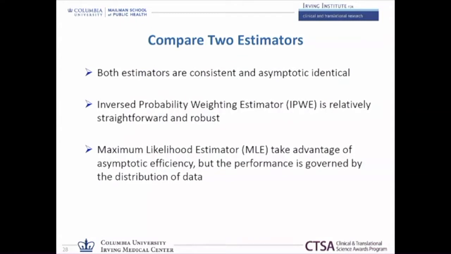So we have done a lot of study in this area and gained a lot of experience from simulation studies. For a SMART design with moderate sample size, when the primary outcome is a continuous variable or binary variable, we can feel comfortable about the maximal likelihood estimator and use this one. So we take advantage of asymptotic efficiency.